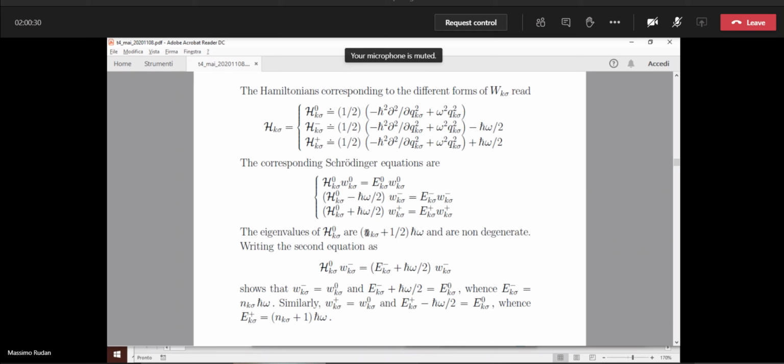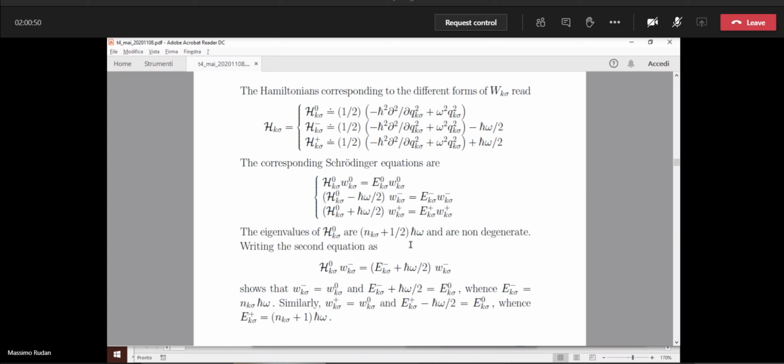We don't care about the eigenfunctions. We know that they are the product of the Hermite polynomials times the Gaussian, so they are known to us. Now we go to the second equation.